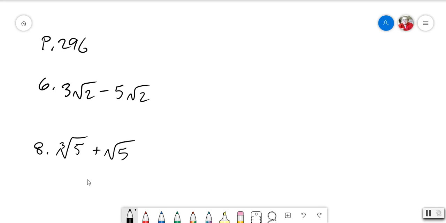Let's look at 11, which is the square root of 45 minus the square root of 12 plus the square root of 180.